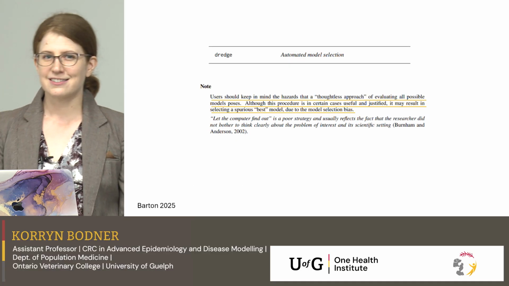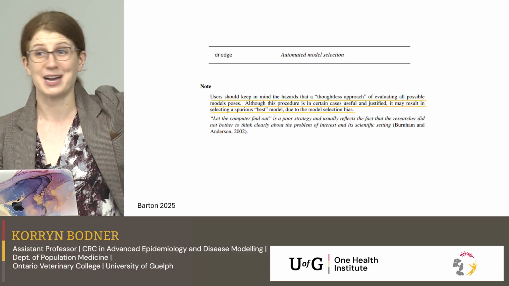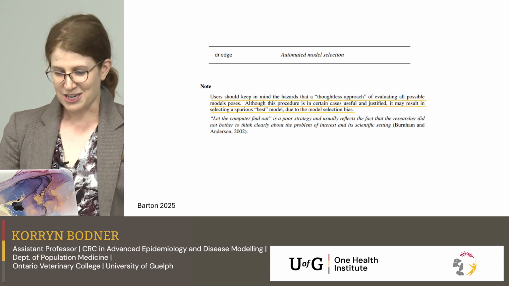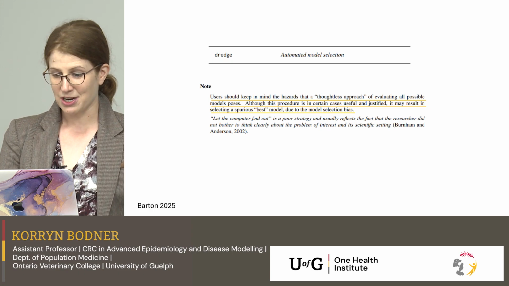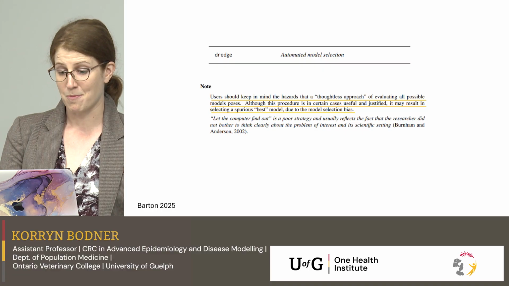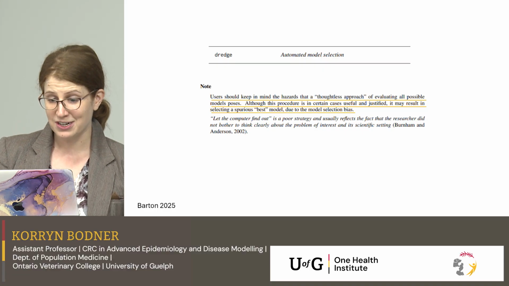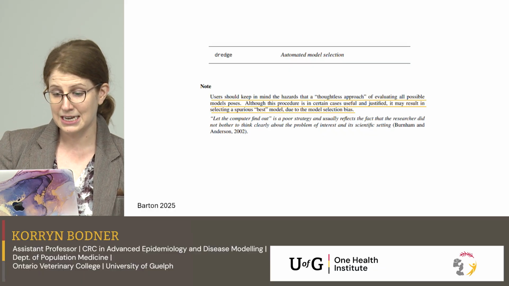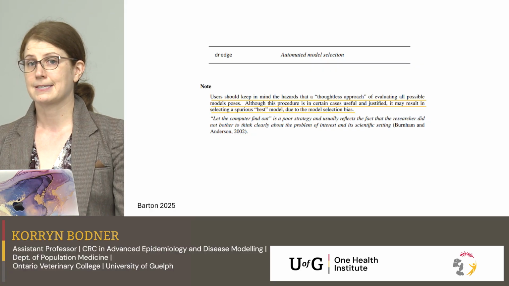And in fact, this shouldn't entirely be new, because the package itself has this wonderful quote: users should keep in mind the hazards that a thoughtless approach of evaluating all possible models poses. Although this procedure in certain cases is useful and justified, it may result in selecting a spurious best model due to model selection bias.